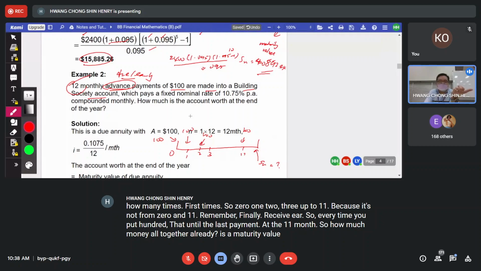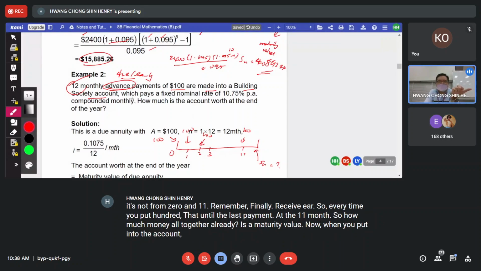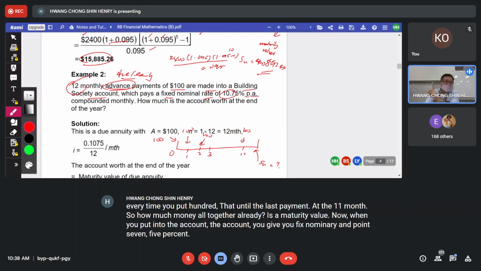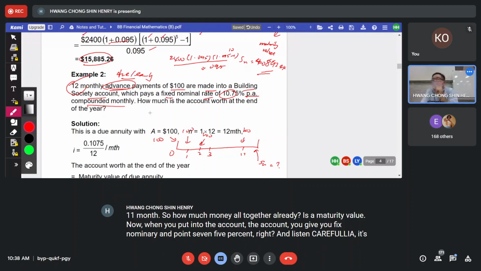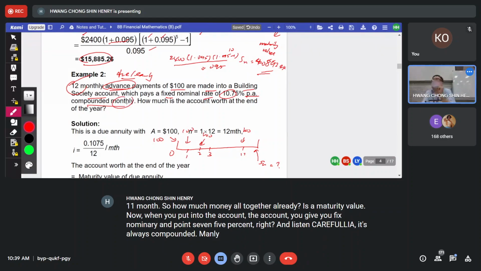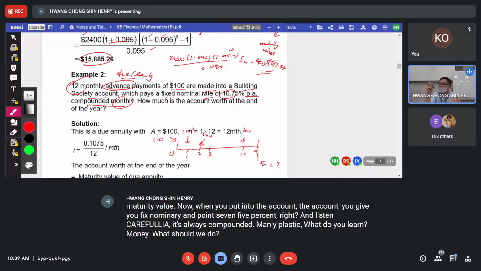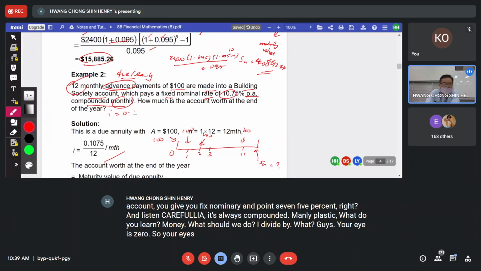Now, the account gives you a fixed nominal rate of 10.75% per annum. Listen carefully. This one is compounded monthly. Last week, what did you learn? Monthly, what should we do? I divide by 12. Guys, your i is 0.1075 per year, correct?